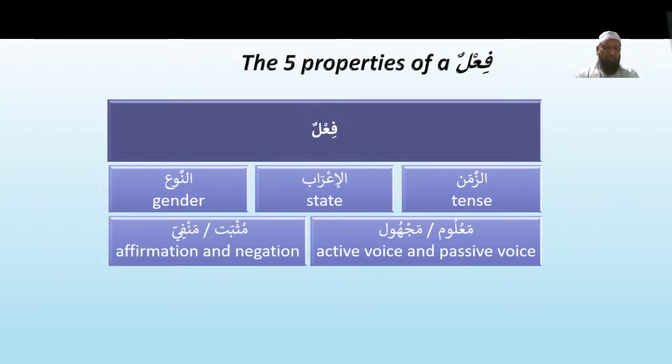And number 5, مثبت and منفي, affirmation and negation. At the moment we are doing all مثبت, جملة فعلية, مثبت, affirmation, the positive, and the منفي is negative. So these are the 5 properties of a فعل.